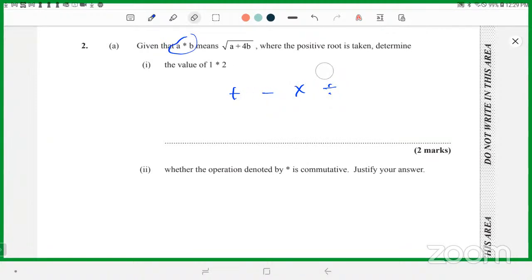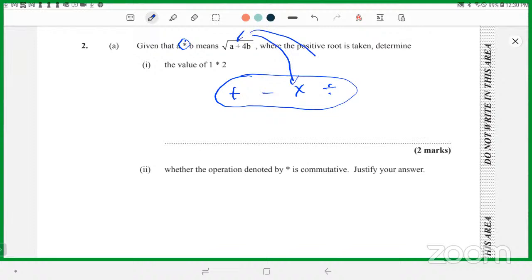But what they are doing is defining another operation that they're calling star as a combination of these. So this square root sign really is a form of multiplication, which could also be seen as a form of division. And then this 4b is a form of multiplication. And then we also have the addition under here.